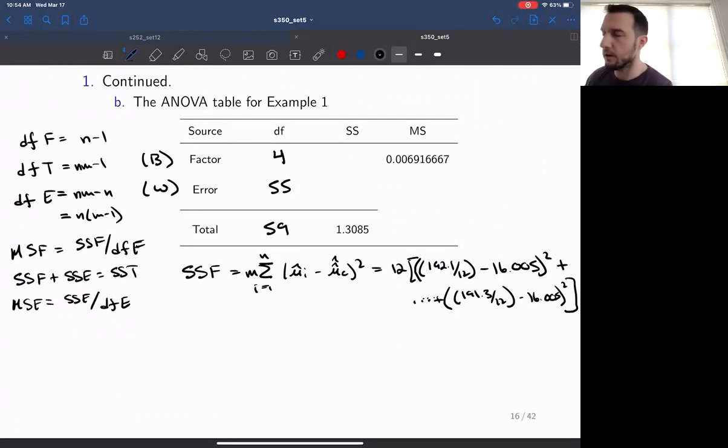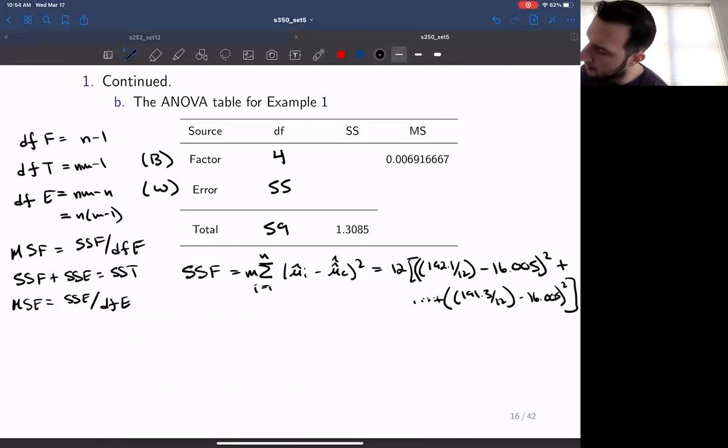Okay, so our SSF calculation can be found by exploiting the rules in the ANOVA table, but it's also just the squared deviations between the cluster average and the overall average. So it can also be found just by taking the averages of the 5 clusters in our sample and subtracting 16.05.